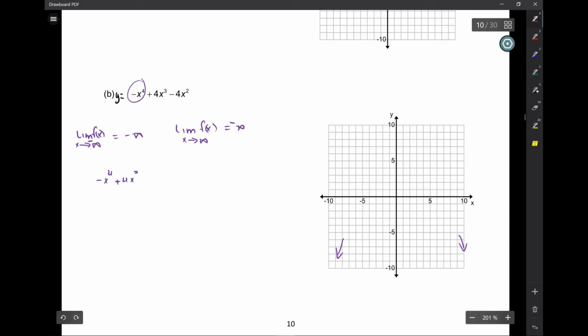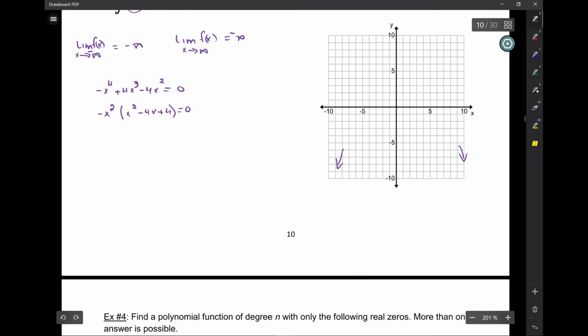We're going to set this to 0. Factor out a negative x squared. So I get x squared minus 4x plus 4 equals 0. We're channeling our algebra knowledge here. Now I have negative x squared, and here it's x minus 2 squared is equal to 0.